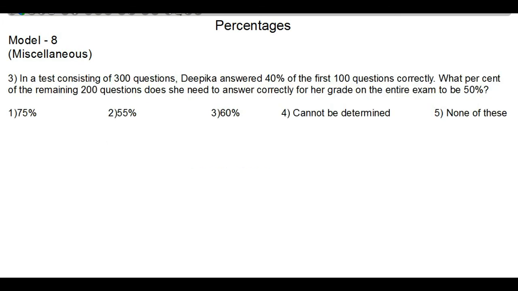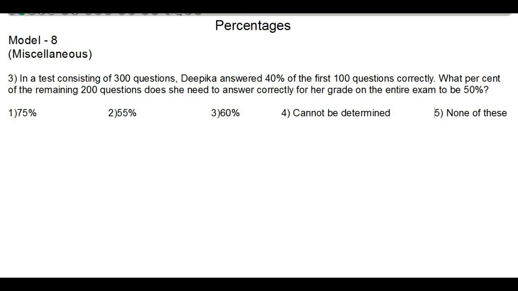Let us now take one more interesting question from percentages. The question here is: in a test consisting of 300 questions, Deepika answered 40% of the first 100 questions correctly. What percent of the remaining 200 questions does she need to answer correctly for her grade in the entire exam to be 50%?